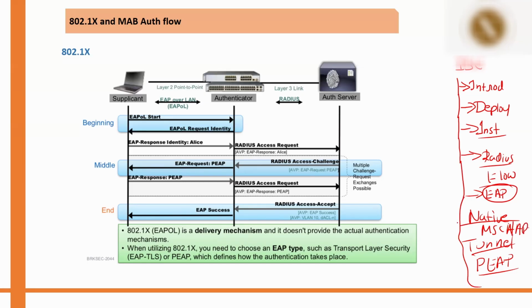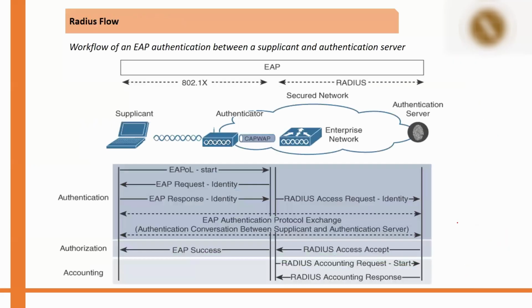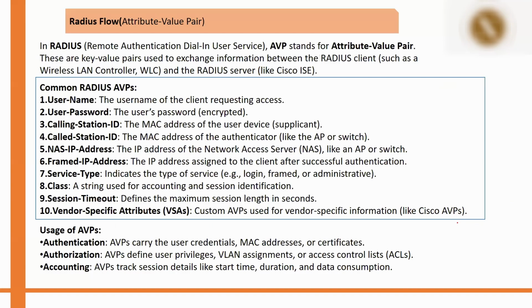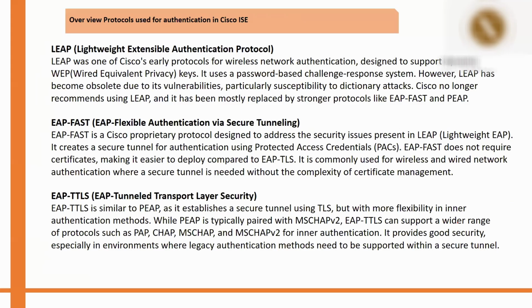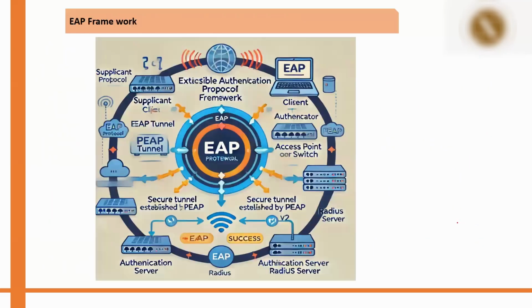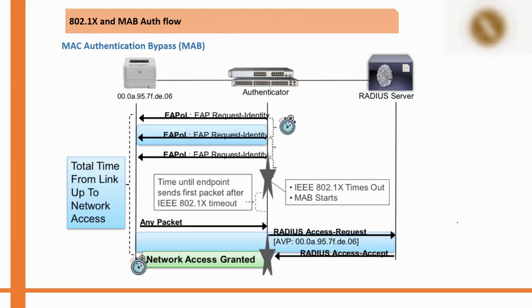Just to refresh, I have explained this as an introduction to today's session. Let's get started with today's agenda. I will be continuing with the 802.1X flow, and then we will look at what an AVP is, and go through the different authentication protocols that 802.1X has.